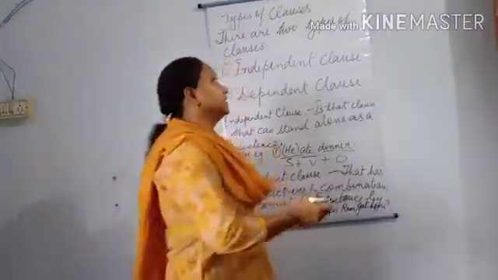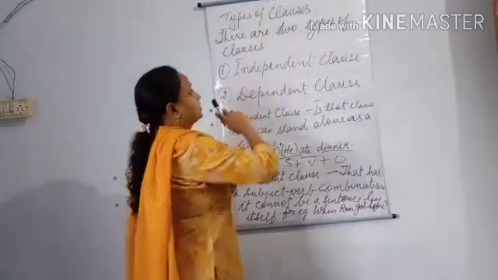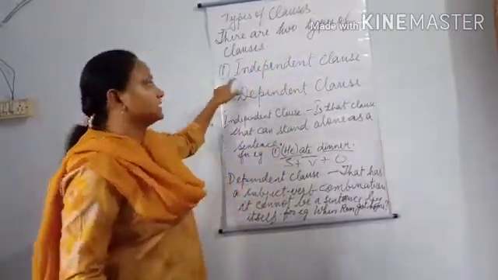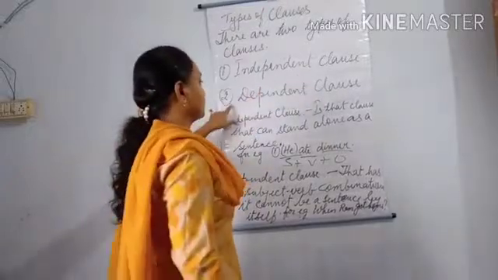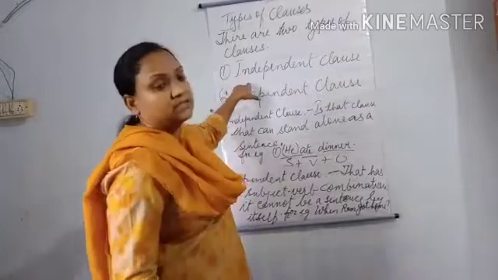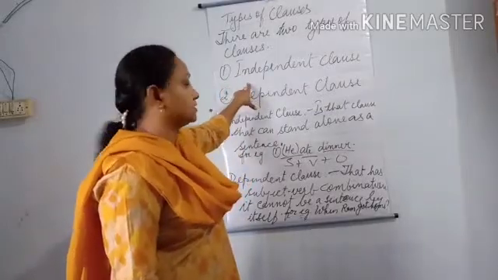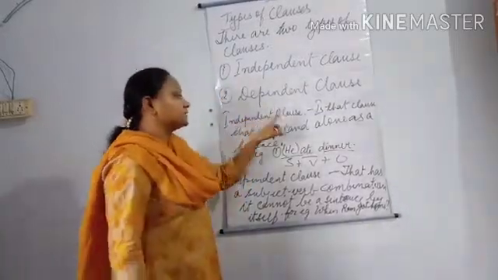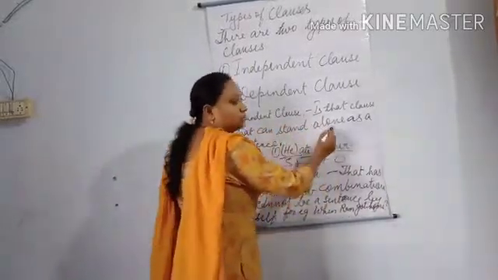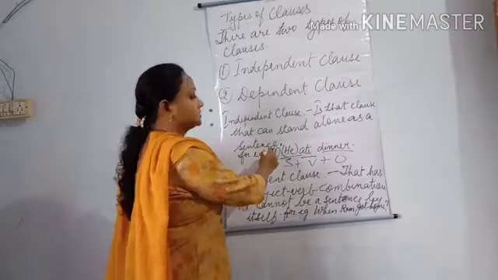Next we will see the types of clauses. There are two types of clauses. Number one is an independent clause. Number two is the dependent clause. First we will see what is an independent clause. An independent clause is a clause that can stand alone as a sentence.